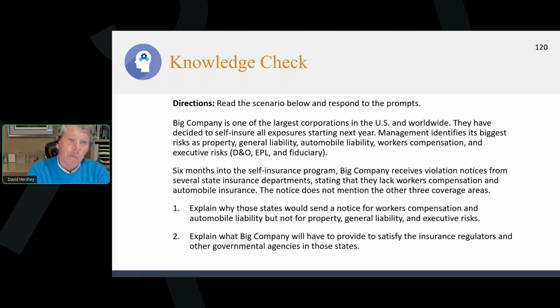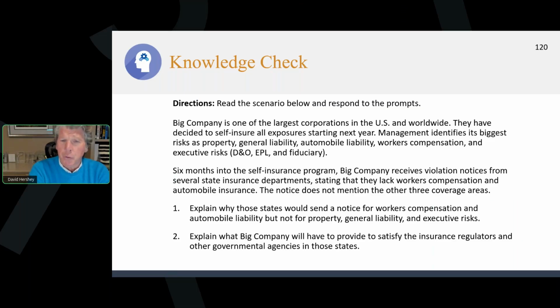They have decided to self-insure all exposures starting next year. Well, depending upon when we're asking this question, that may or may not be enough time. Management identifies its biggest risks as property, GL, AL, workers' comp, D&O and EPL, and fiduciary.